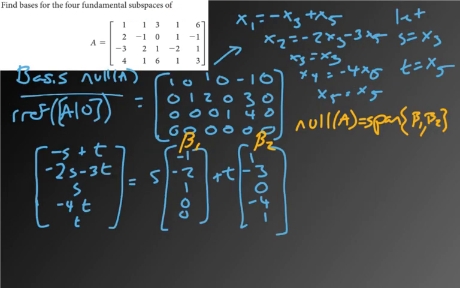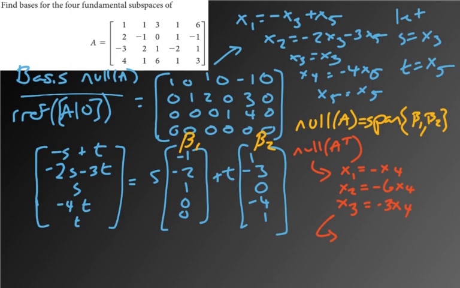So now you've got to go do the exact same thing, but for the null space of A transpose, okay? And I don't have a lot of room here, but the computation is literally the same. If you do it, you will get x1 is minus x4, x2 is minus 6x4, x3 is minus 3x4.